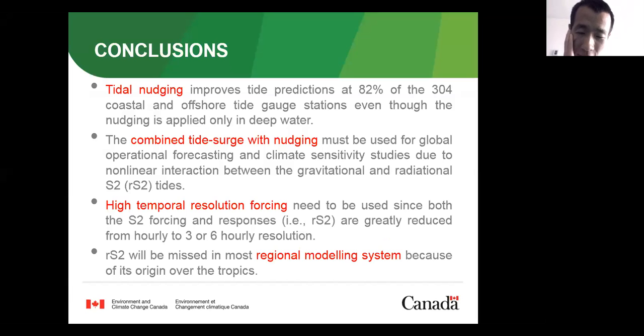If the boundaries have the information, you could include RS2. So if you use TPXO for the open boundary of the regional system, you may be okay. So you may want to phrase that a little bit more carefully. Yeah, thanks, Keith.